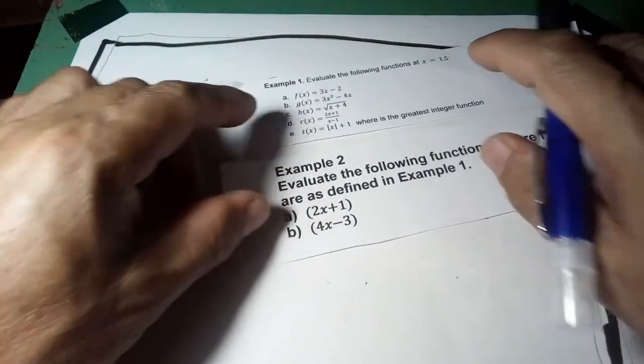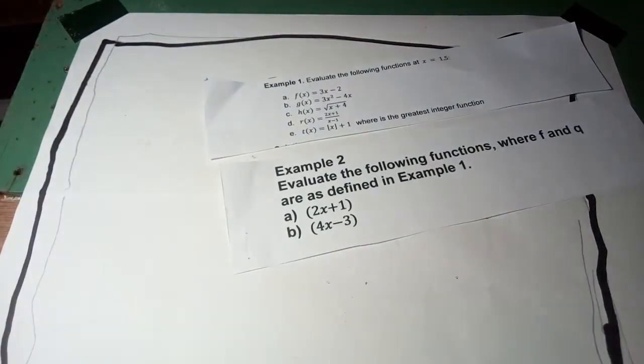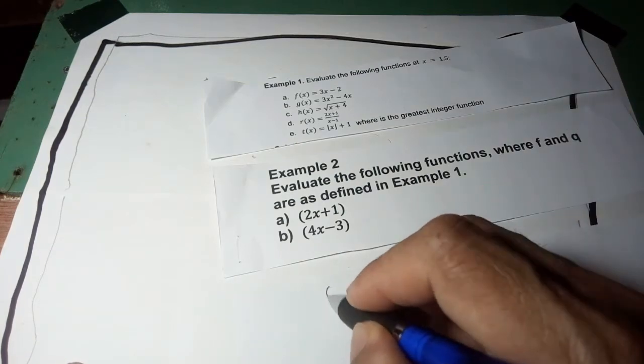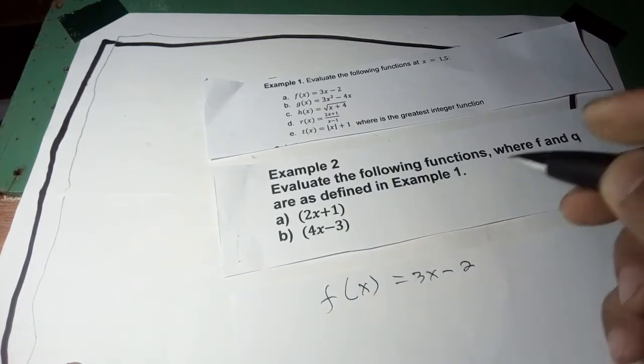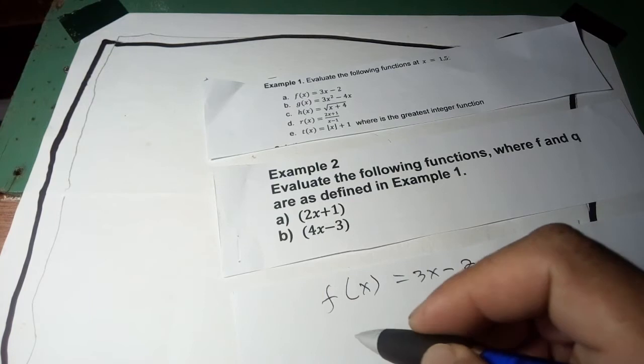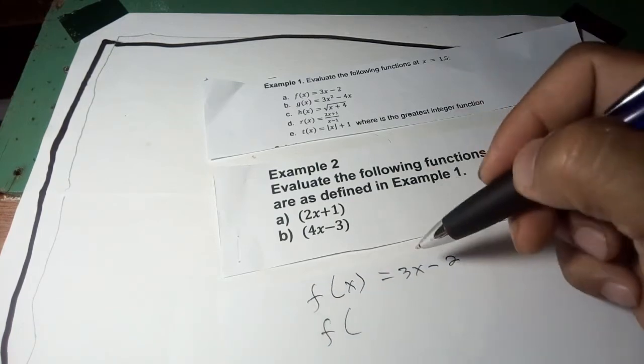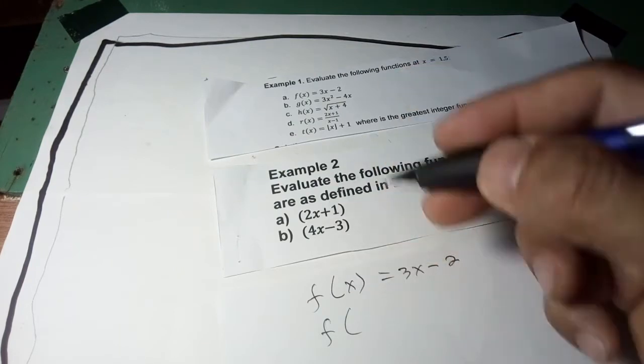Next, using the same functions, evaluate the following where f and g are as defined in the previous example. Okay, our f of x is 3x minus 2. Now let us evaluate f of 2x plus 1.